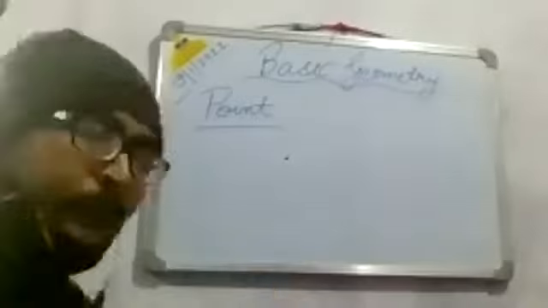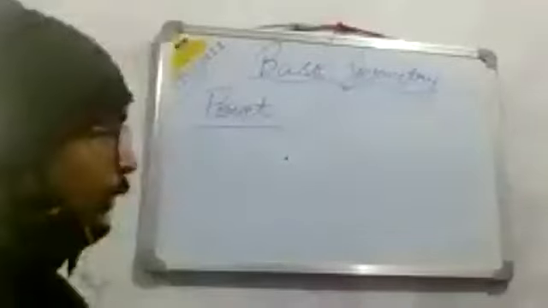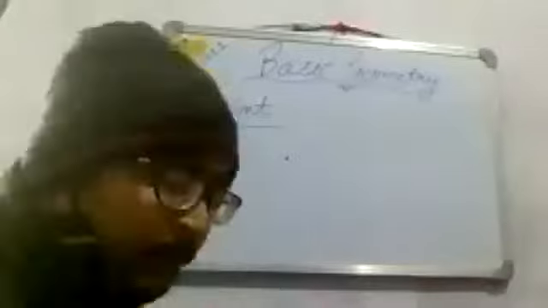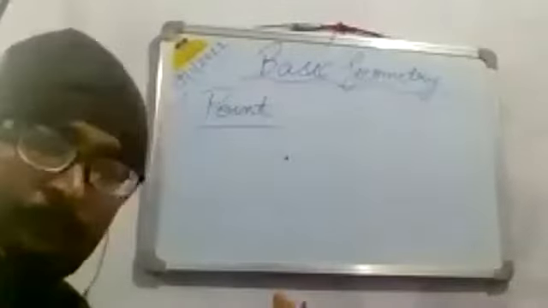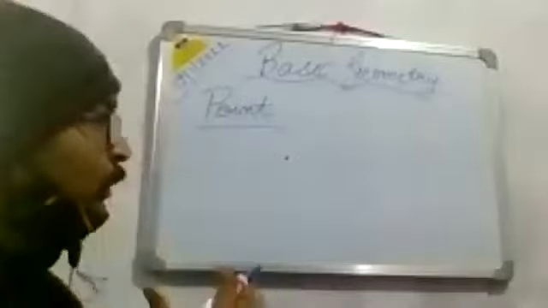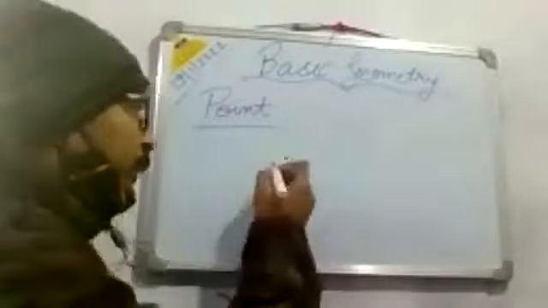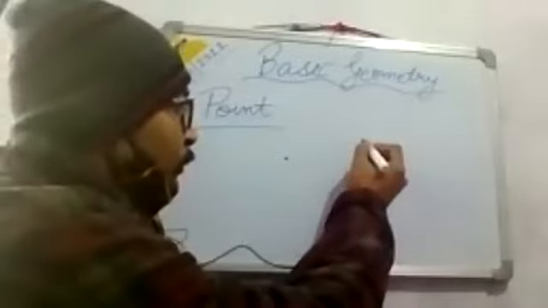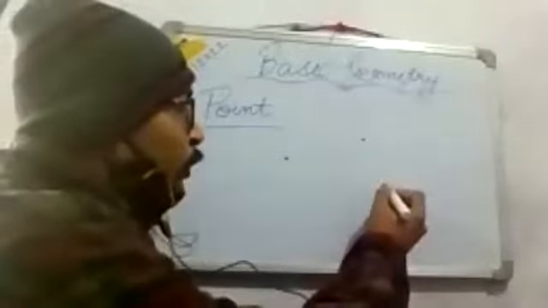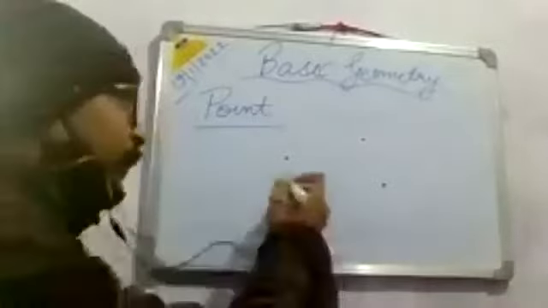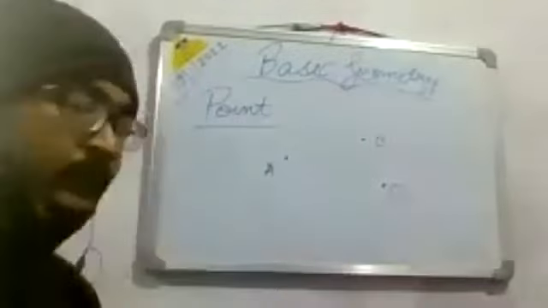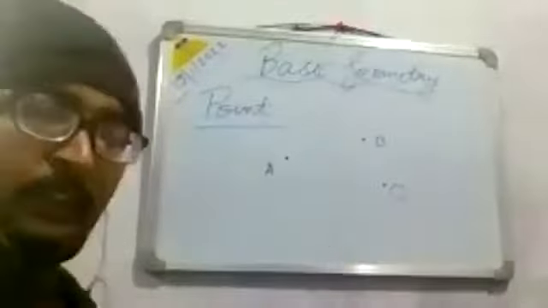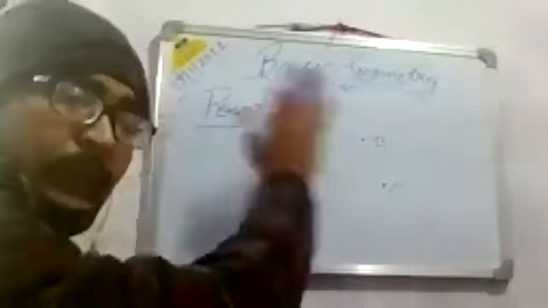If we discuss more about the point, we will see that through this point we can locate a definite location. For example, if I put some more dots there, we can also name them A, B, and C. All these are on a plane surface.